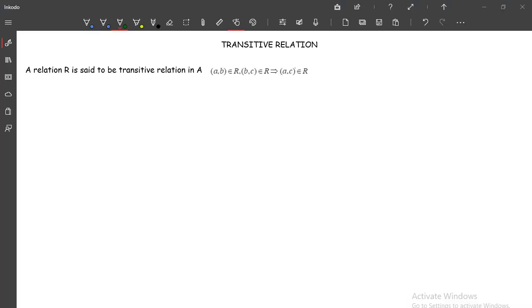Welcome back, students. Now, the next topic is transitive relation. A relation R is said to be transitive if (A, B) belongs to R. That means A and B are related, B and C are related.